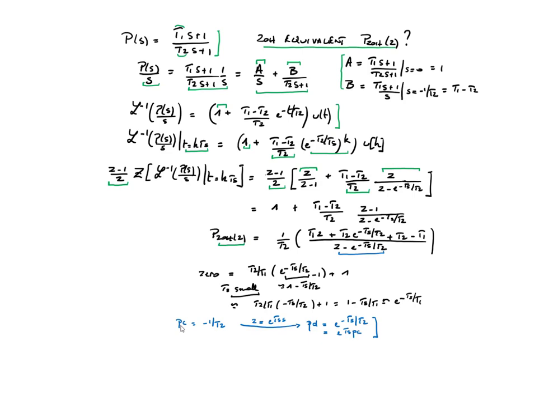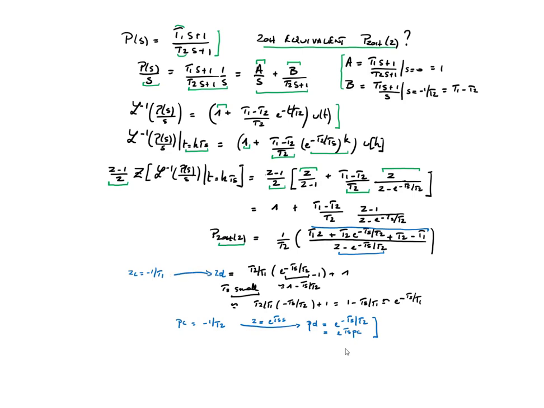So where can you see the discrete time zero? Well, you can see it here at the numerator, and I've written its expression over here. The continuous time zero, zc, is equal to minus 1 over T1.